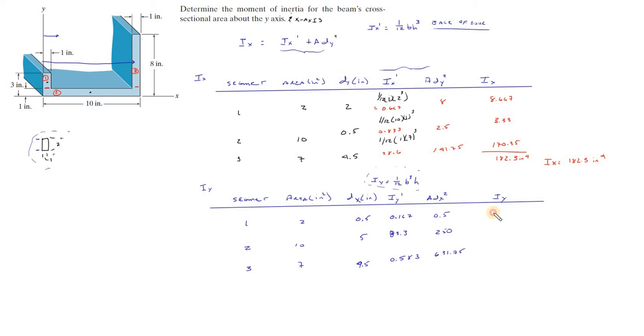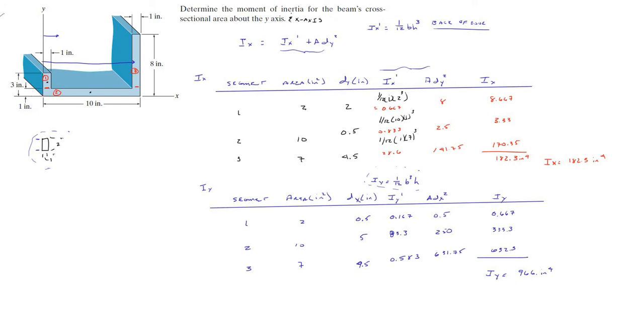So my Iy is then 0.667, just adding them all up, 333.3, and 632.3, for a total Iy, moment of inertia about the y-axis, of 966 inches to the fourth.